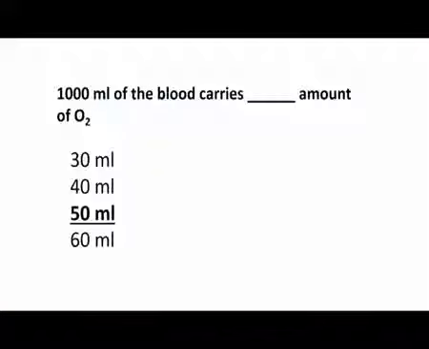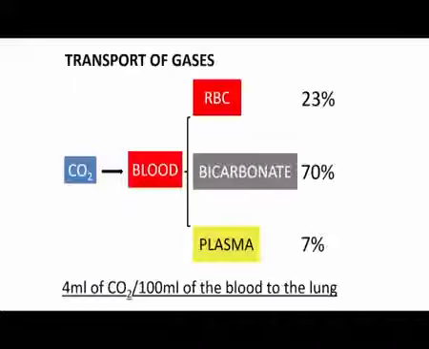Next, the next gaseous element is carbon dioxide. Summarizing the whole story again, blood is the ultimate area where the whole thing gets transported. About 23% is carried by RBC, then 70% by bicarbonate ions, and plasma carries the least, 7%.